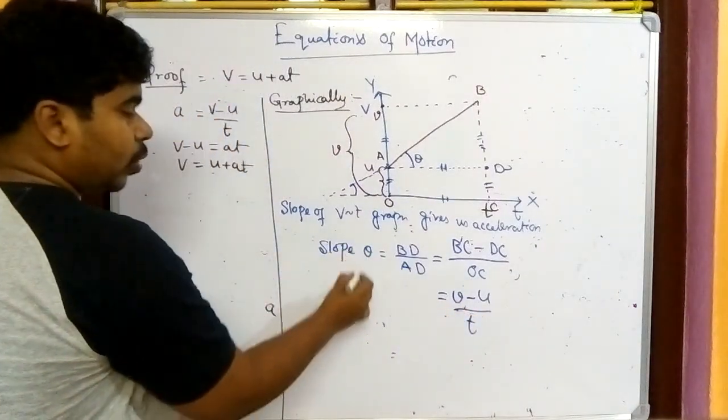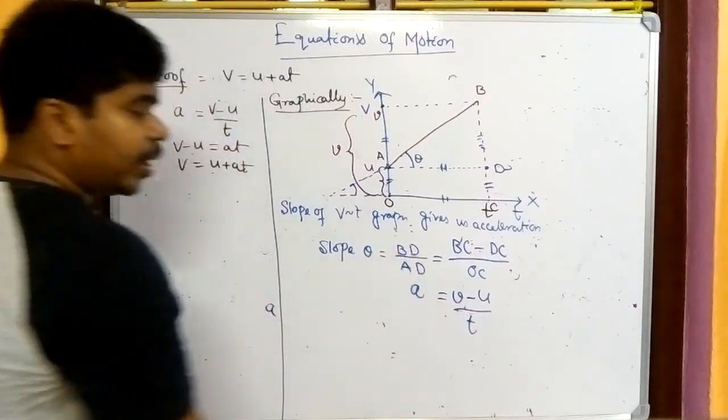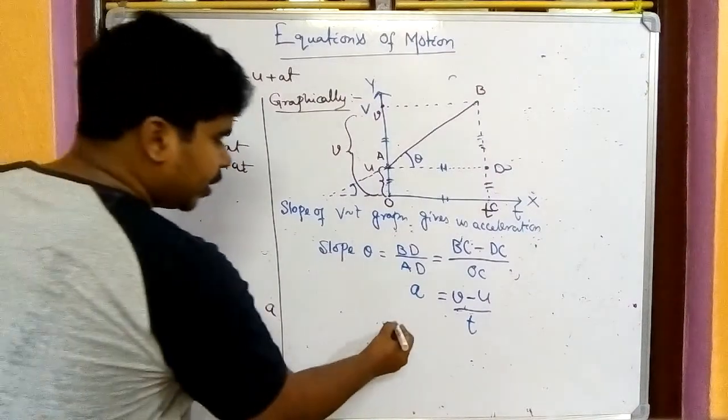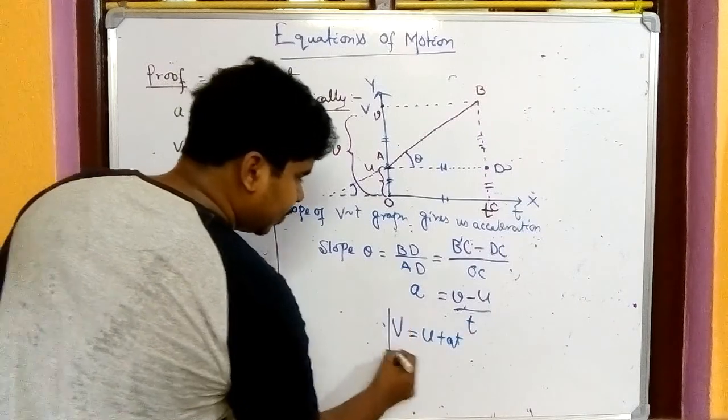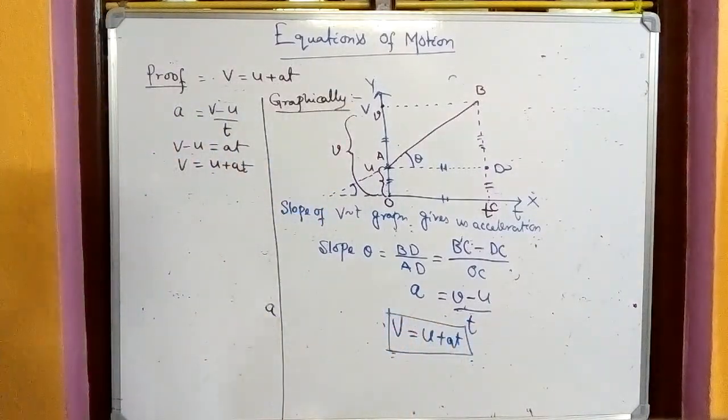And we know slope theta equals acceleration a. From here we can write v equals u plus at.